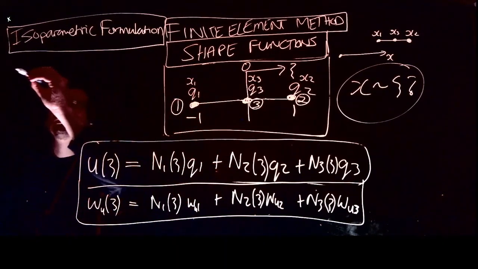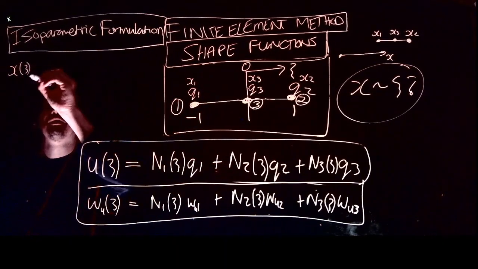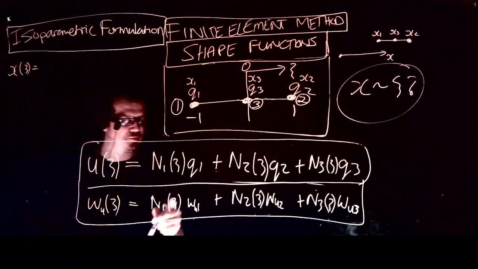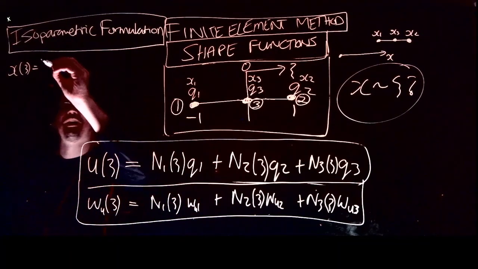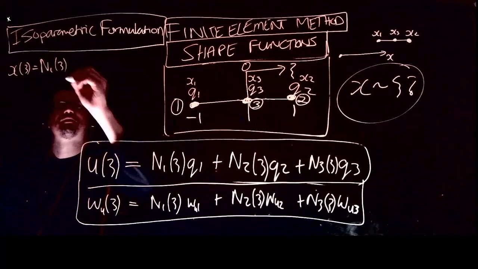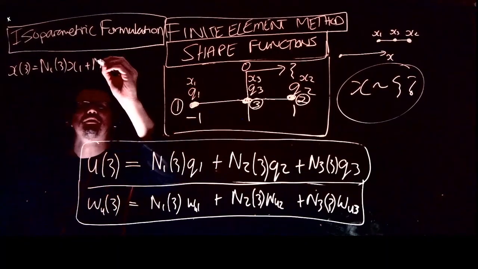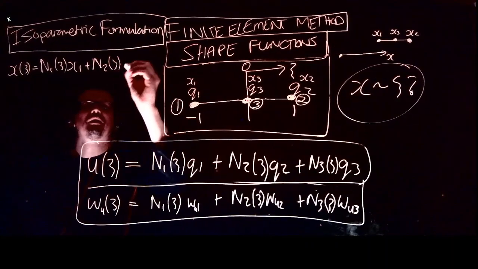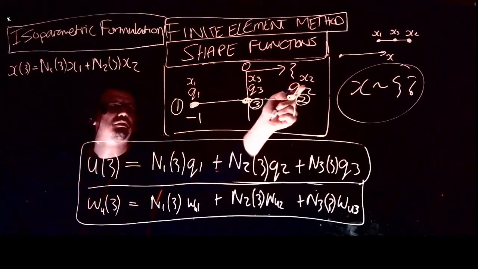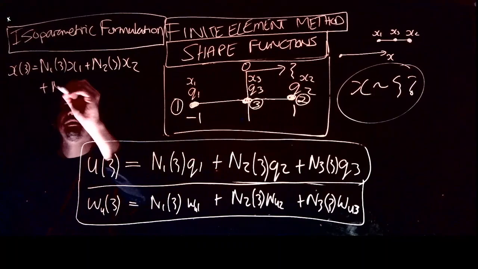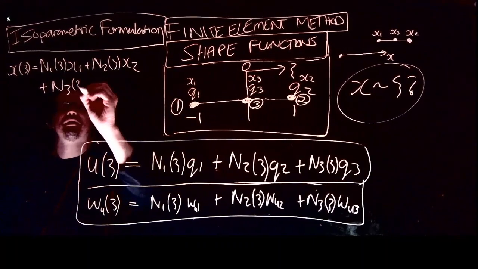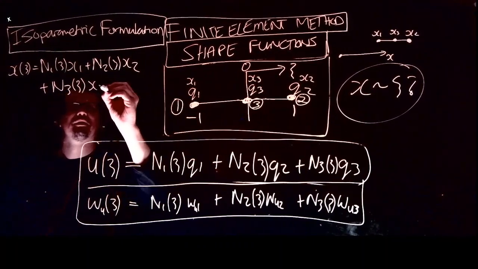I'm going to say x as a function of psi. It's going to be taken as what? Yes, you've guessed it. I'm just going to say it's N1(psi) times its x coordinate plus N2(psi) times its x coordinate plus N3(psi) times its x coordinate.